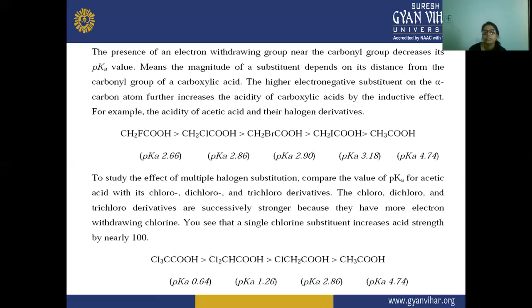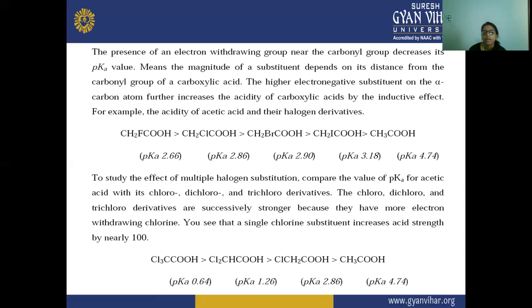So a highly electronegative substituent on the alpha carbon atom further increases the acidity of the carboxylic acid by inductive effect. Here you can see fluoro is attached, so the pKa value is 2.66, compared to acetic acid. To study the effect of multiple halogen substitution, compare the pKa values for acetic acid.